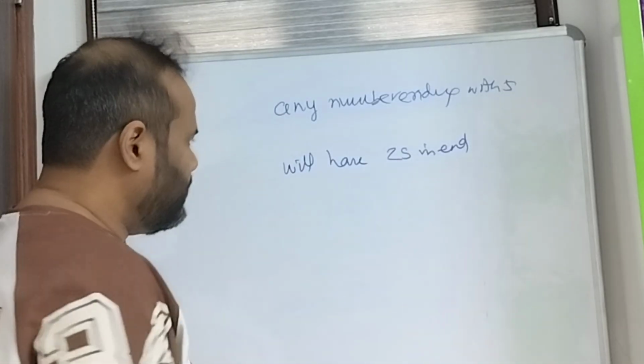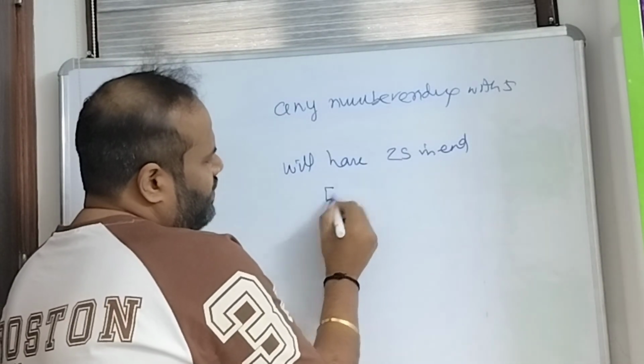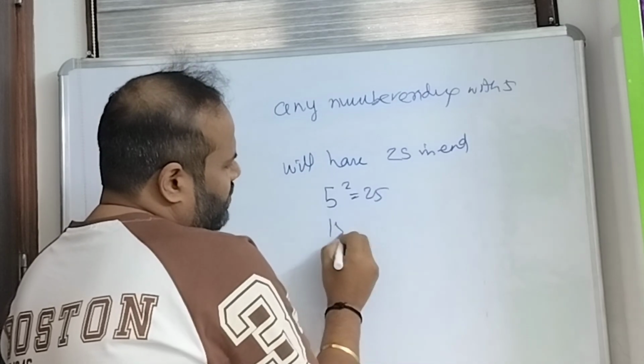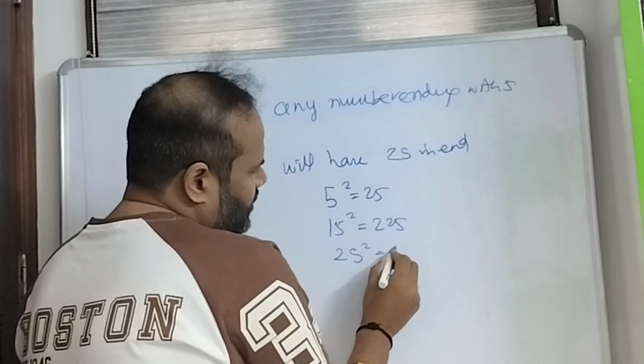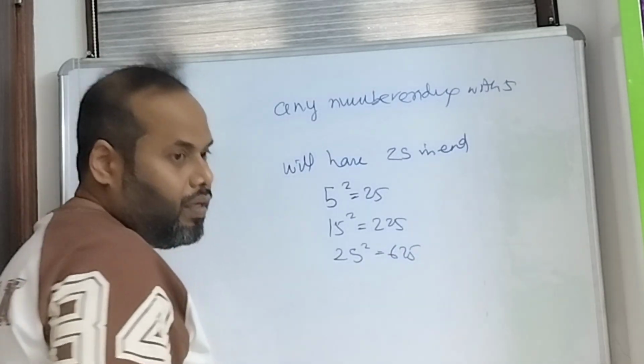For example, 5 square is 25, 15 square is 225, 25 square is 625. Now either you have to learn these big squares, or you can use a shortcut.